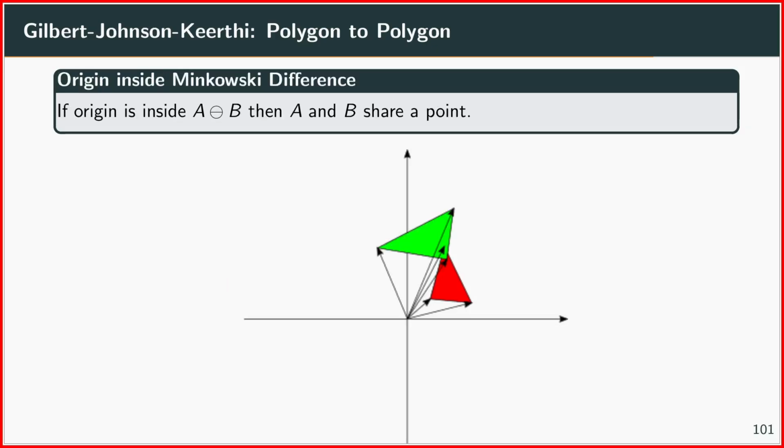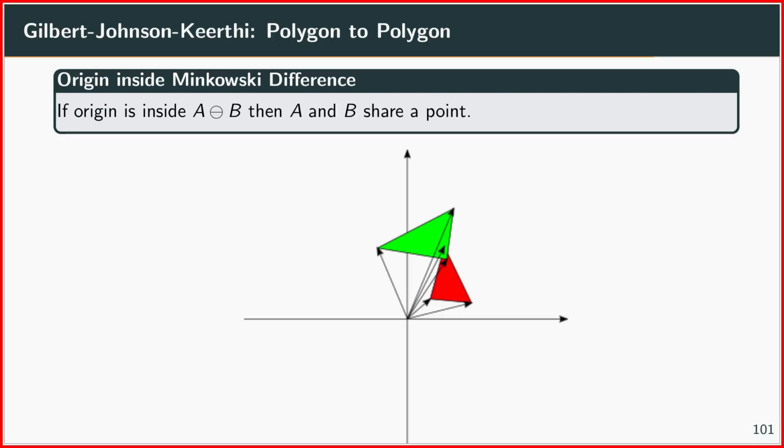Okay, and so if the polygons overlap, then there needs to be one point where, of course, the difference between those two points is 0, because they are the same point. They are in both triangles. That is why, if they are overlapping, then the origin needs to be inside of this Minkowski difference.